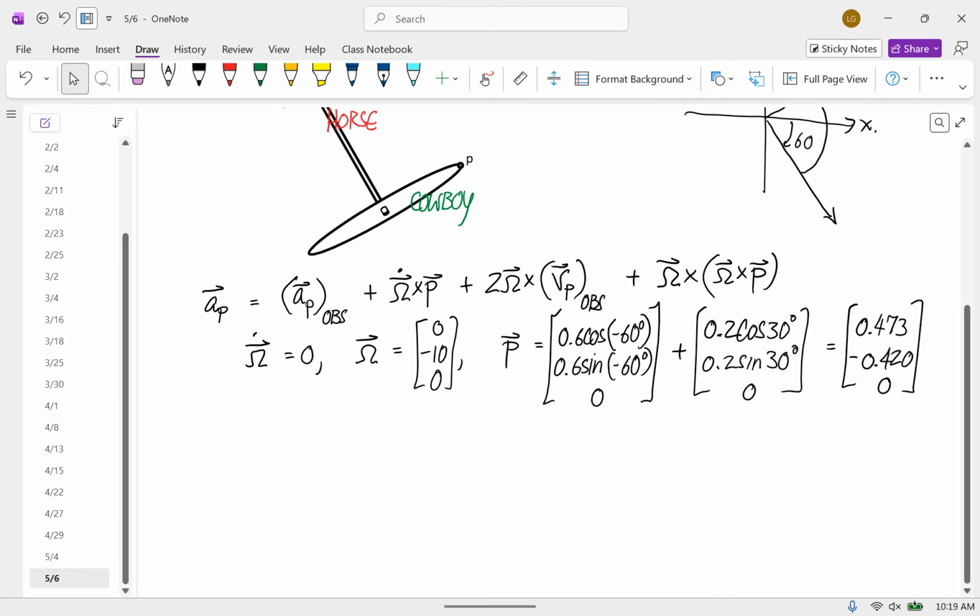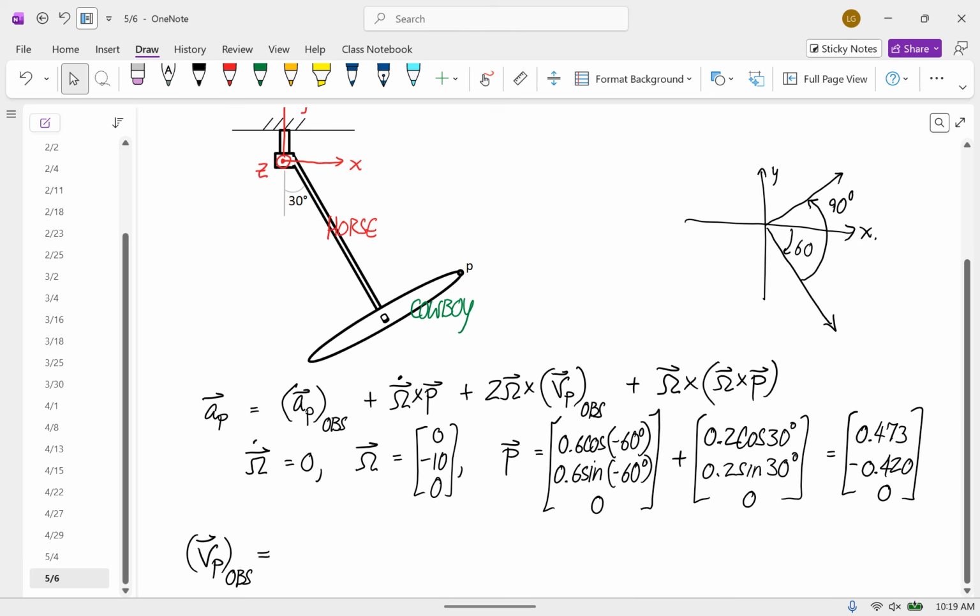And now the things we have left are we have to calculate the observed velocity. And for the observed velocity, we're ignoring the motion of the coordinate system now. So all this coordinate system sees is P moving in a circular motion.